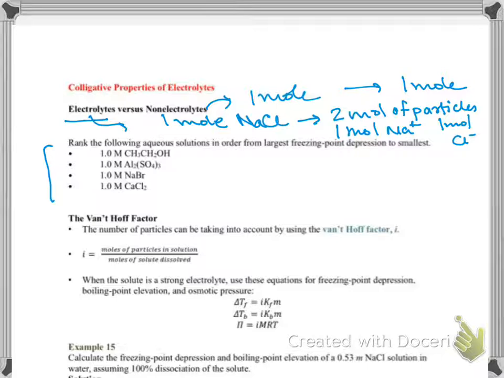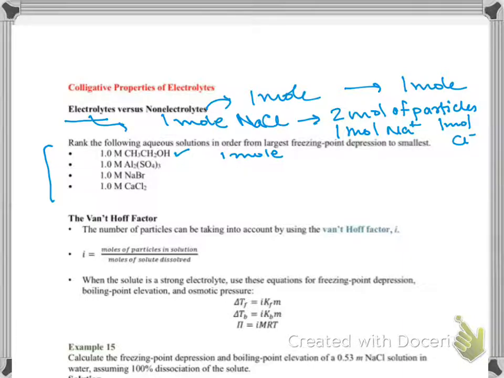The first one is alcohol, it's ethanol. So when you are adding 1 molar, it means it is just having 1 mole of ethanol in the solution.